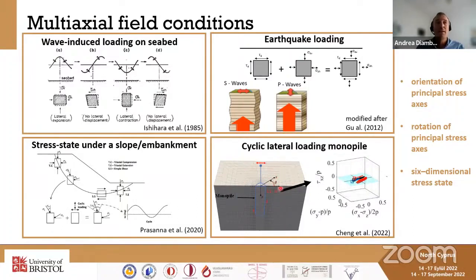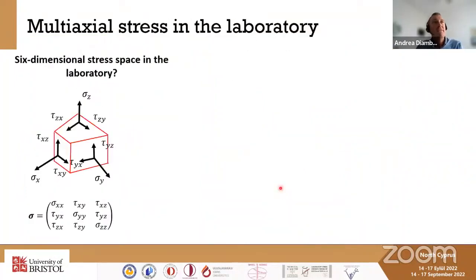So we can see now that the triaxial test and the cyclic simple shear test are very good apparatus. But the question is, is there anything more complex in our hands that we can use to better simulate the 6-dimensional stress space in the laboratory?